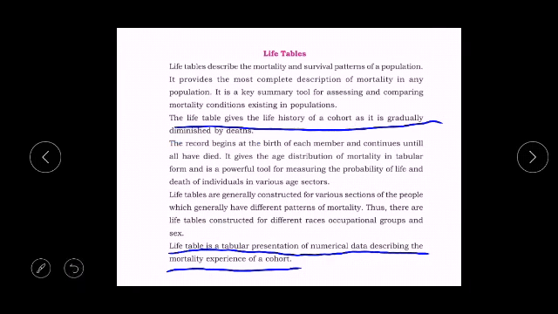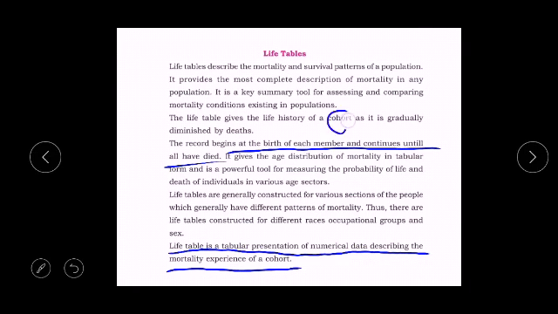Next, the records begin at the birth of each member and continue until all have died. As I said, a cohort is a group of people who were born at the same time. So the life table records begin when a new baby is born, and all the babies born at the same time are recorded in one table, and it continues till everyone in that table has died.